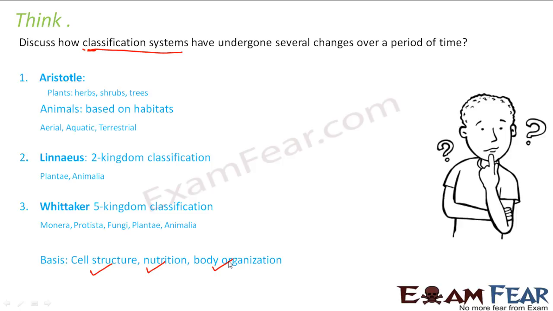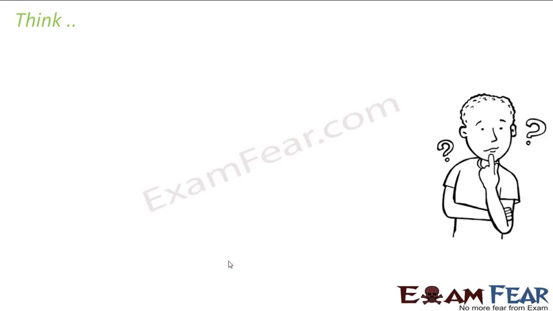The eukaryotes and prokaryotes were also segregated. The organisms whose body structure was simpler and those with a complex body organization were also separated. That is how classification systems underwent a change over a period of time, starting from Aristotle, then Linnaeus and finally Whittaker.